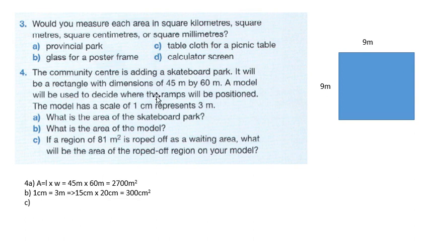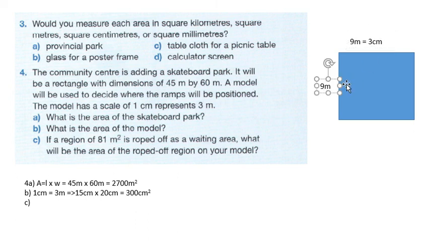So let's go back to what we were given before. 1 centimeter represents 3 meters. So in our real skate park, it would be 9 meters. But if we are representing it on our model, it would only be 3 centimeters because every 1 centimeter represents 3 meters. So 1 centimeter is 3 meters, 2 centimeters is 6 meters, 3 centimeters is 9 meters.